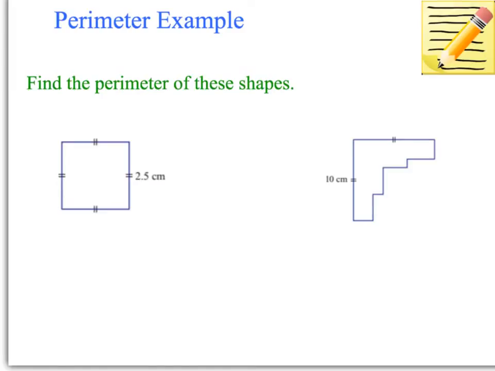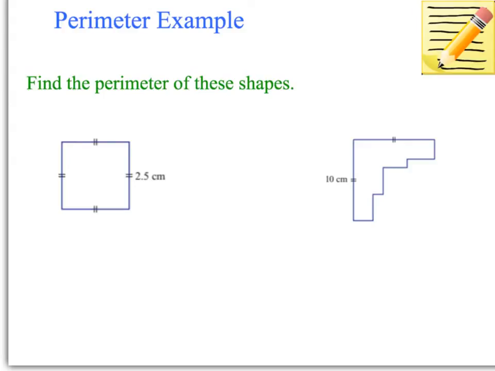Now you also need to understand the shapes and their different elements. For example, a rectangle will have two of the sides the same length and the other two sides the same length. So with a square, you can see here that all of the sides of a square are the same. So for squares, you just have to add them all up.